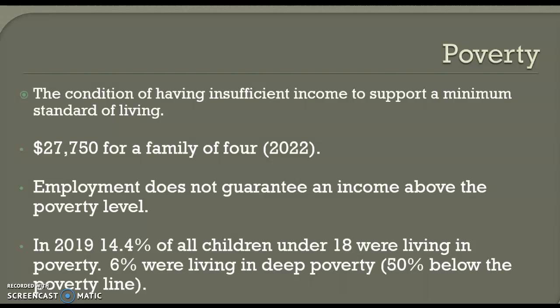Poverty is defined as the condition of having insufficient income to support a minimum standard of living. And looking at statistics in 2022, for a family of 4, the poverty line was $27,750. One of the things that I'm sure you're aware of is that employment does not guarantee an income above the poverty level.